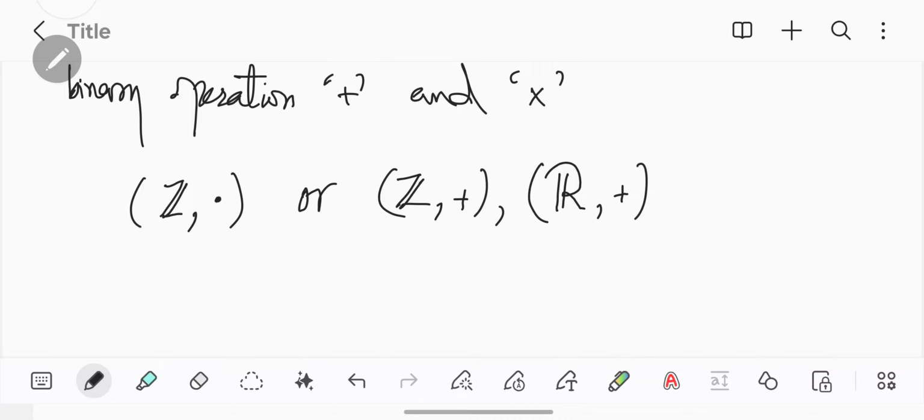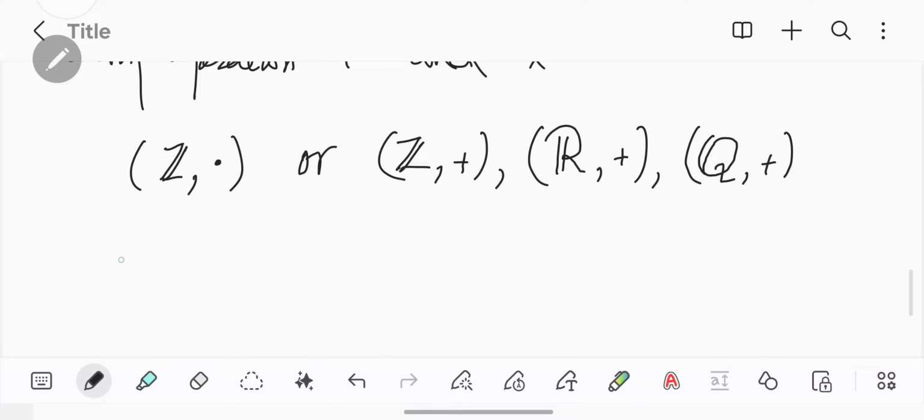We have another one, Q, which is the set of rational numbers. This is also an algebraic structure with the binary operation addition. Similarly, you can have the set of complex numbers with the binary operation addition. They are all algebraic structures, right?